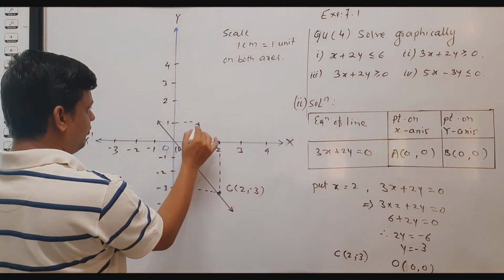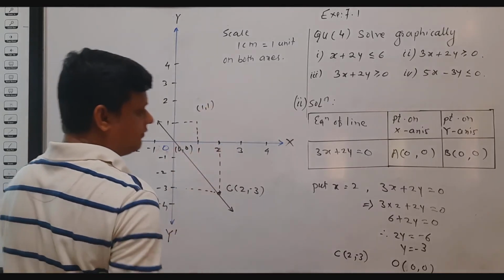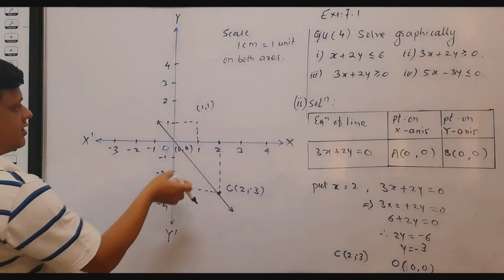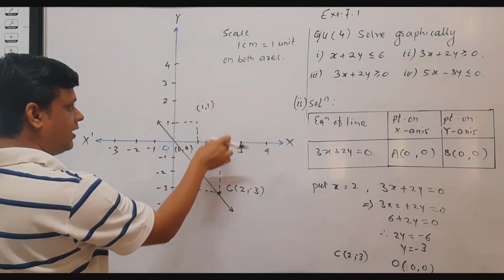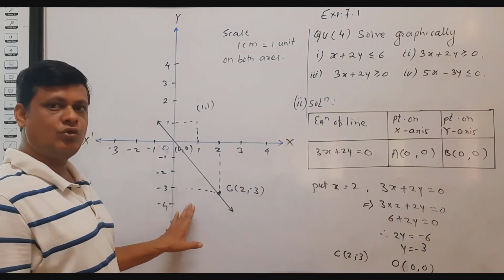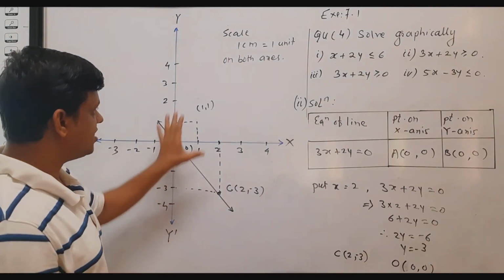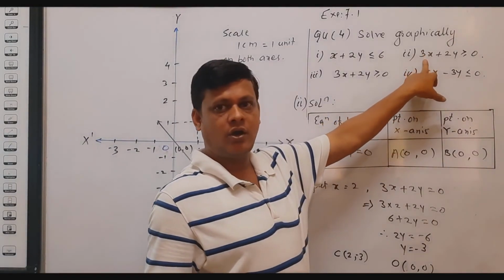We know that the point 1, 1 is in the first quadrant. So we check whether this point having coordinates 1, 1 lies in the shaded region, that is in the solution set or not. So we check whether this point 1, 1 satisfies this inequation or not.